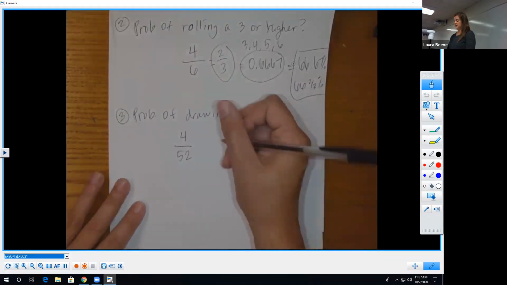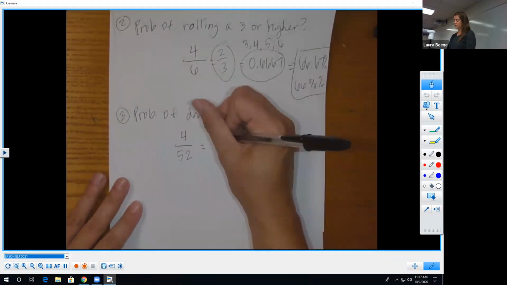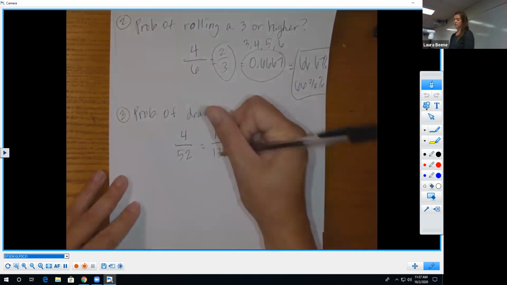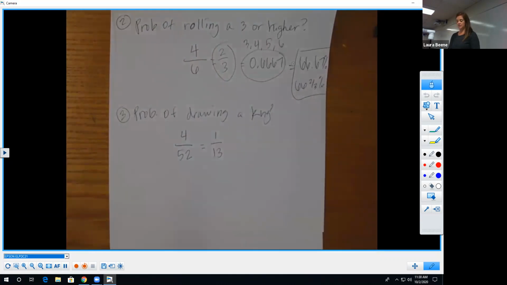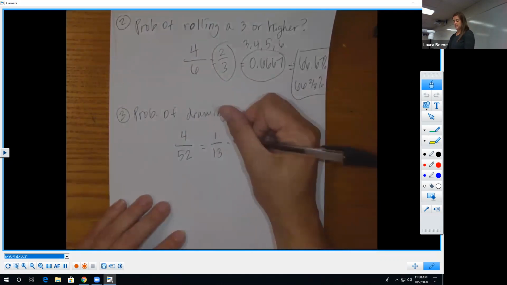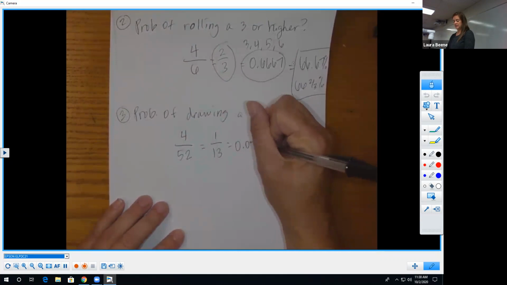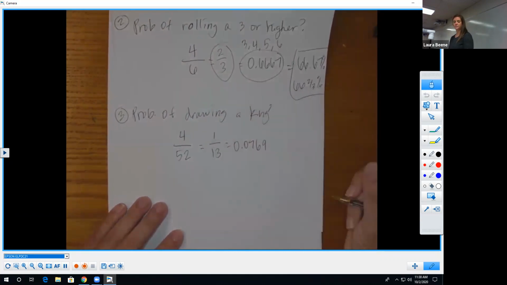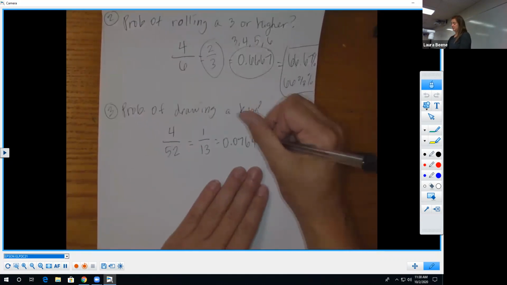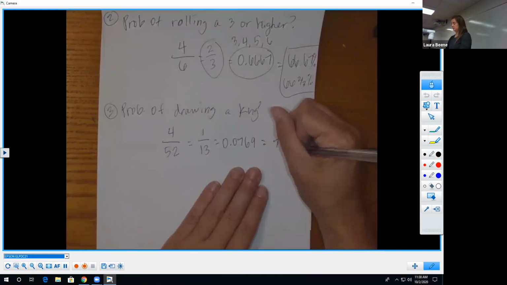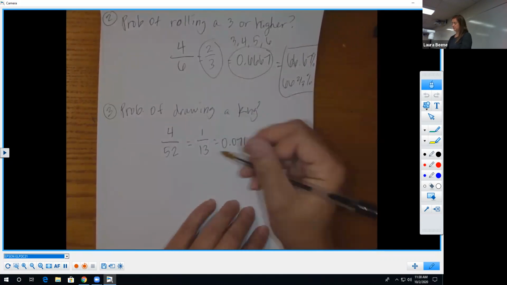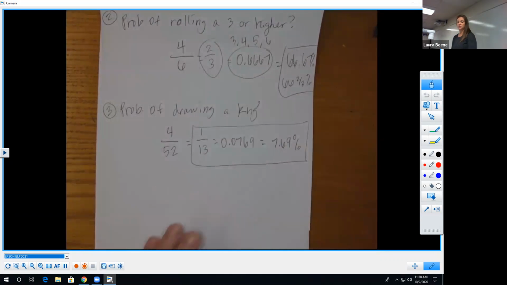They both divide by 4, so it reduces to 1/13. And then the decimal for that, 1 divided by 13 is 0.0769. And then when you make that into a percent, it's going to be 7.69%. So there's 3 ways to write your answer for that.